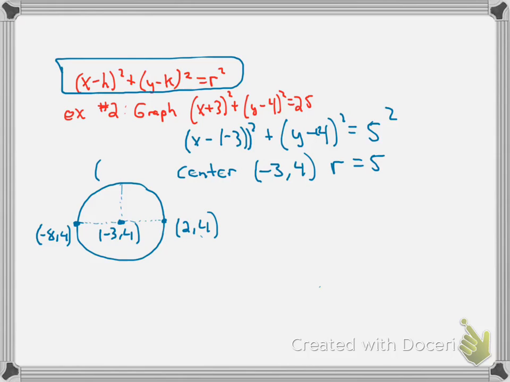I would now be at the point (-3, 9). Or I could have gone down 5 units, and that would have given me the point -3 for x, and 4 minus 5, which is -1, for y. So put that on graph paper. You get a prettier circle if you use a compass, but that's all there is to graphing circles.